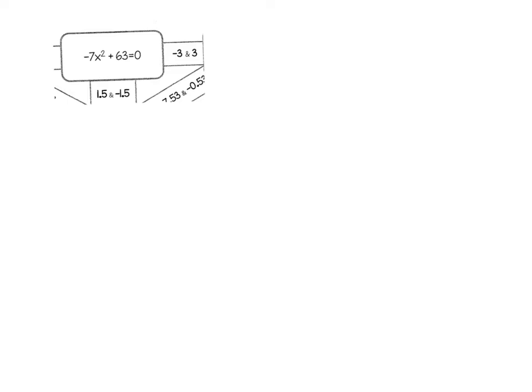This next one's kind of an interesting one because we don't have an x value, and that means that we don't have a b. So on this one, your a is going to be -7. Your b is 0. And your c is 63.